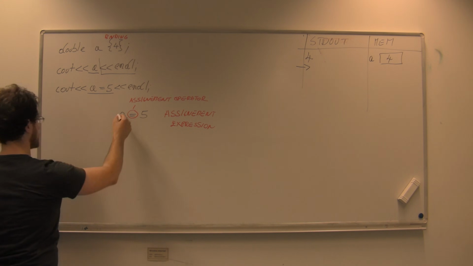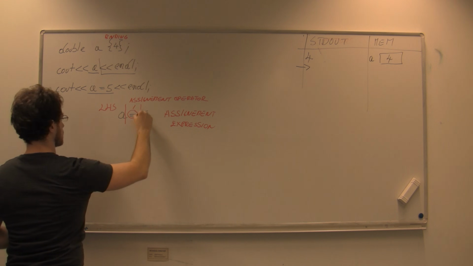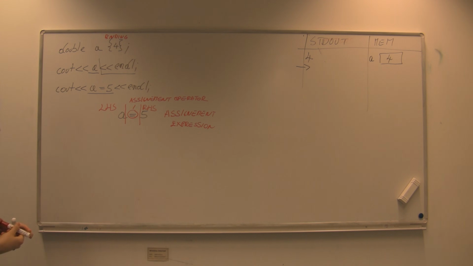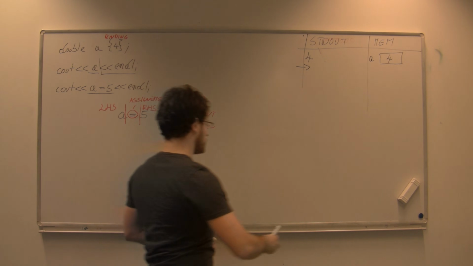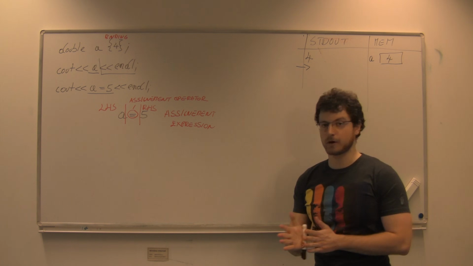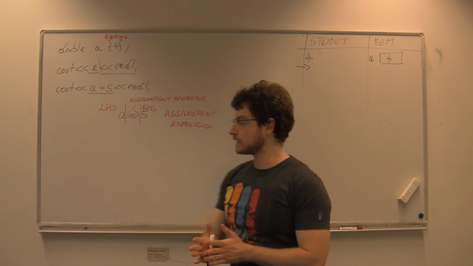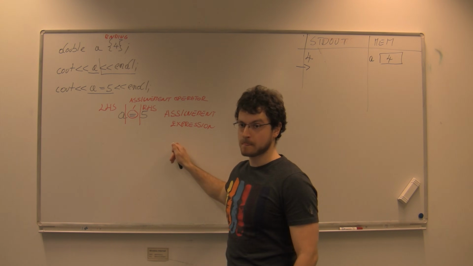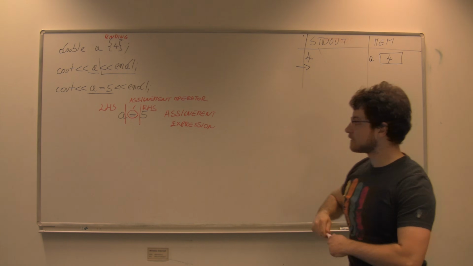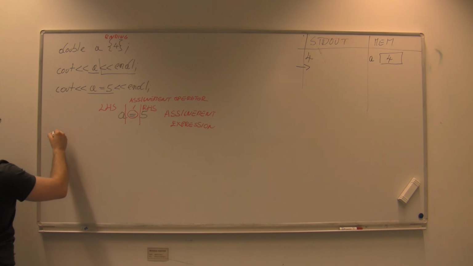So we will distinguish these sides as left hand side and right hand side. Because assignment expressions are a crucial part of the language, I will be very careful and mechanical in explaining the way we evaluate them. So I'll write down precisely the steps that lead to the evaluation of such expressions.